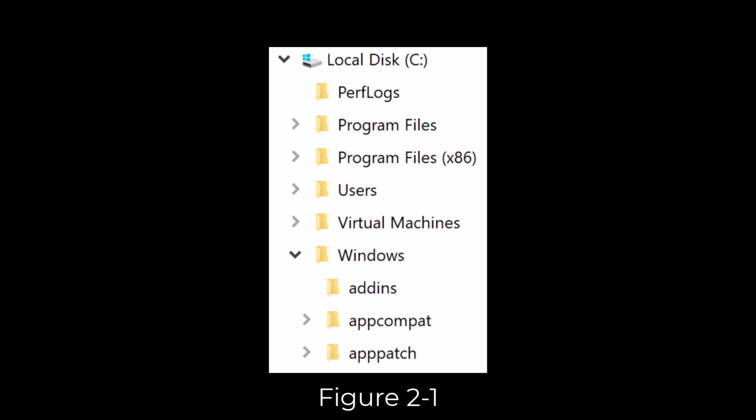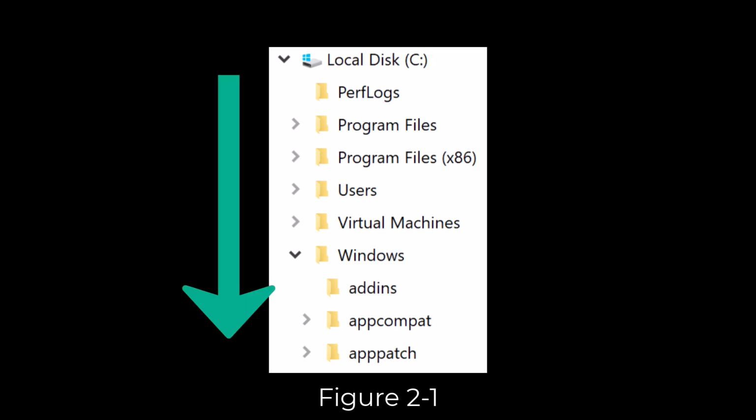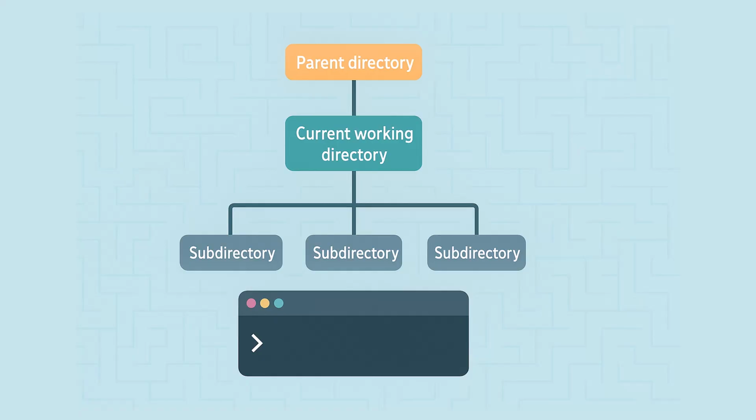The current working directory. Most of us are familiar with the graphical file manager, where the file system tree is displayed, like in Figure 2.1. You'll notice that it's usually shown upside down, with the root at the top and branches extending downward. When working on the command line, though, there aren't any pictures to guide us, so we need to picture the file system a bit differently.